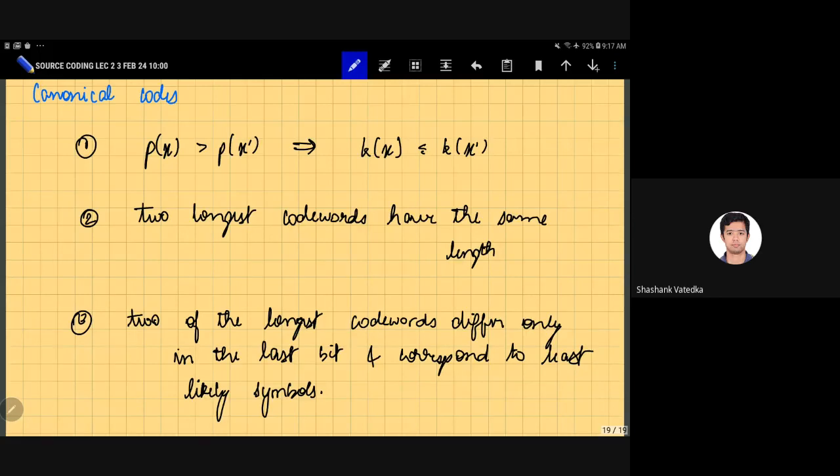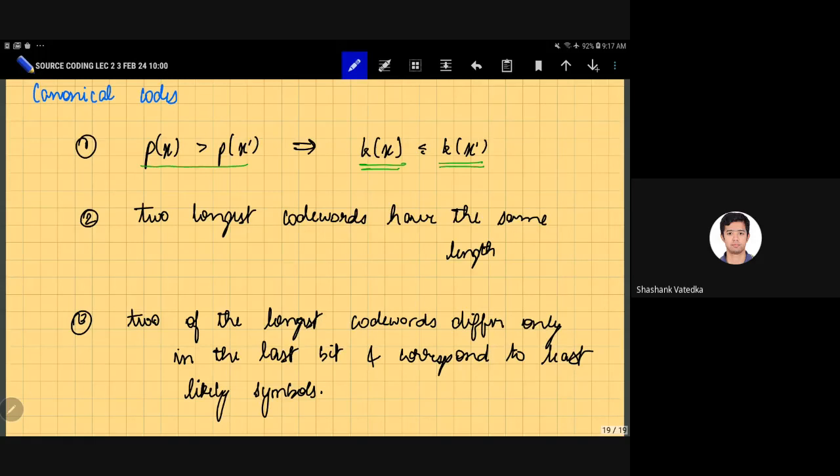Firstly, for symbols of larger probability, it always assigns smaller code word length. So if you have two symbols, x and x prime, such that p of x is greater than p of x prime, then the code assigns a smaller or equal code word length for x than that of x prime.